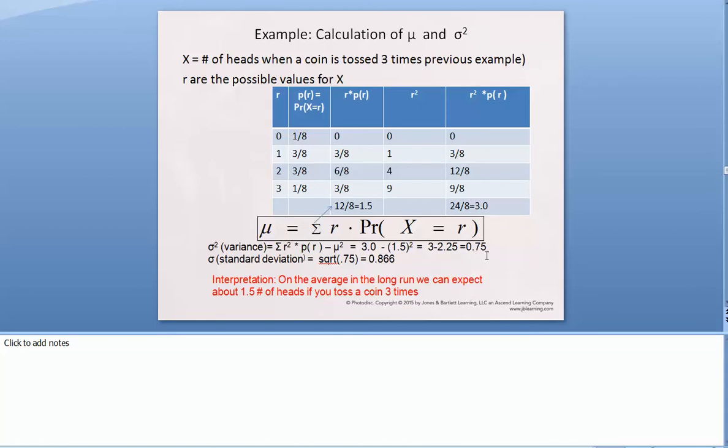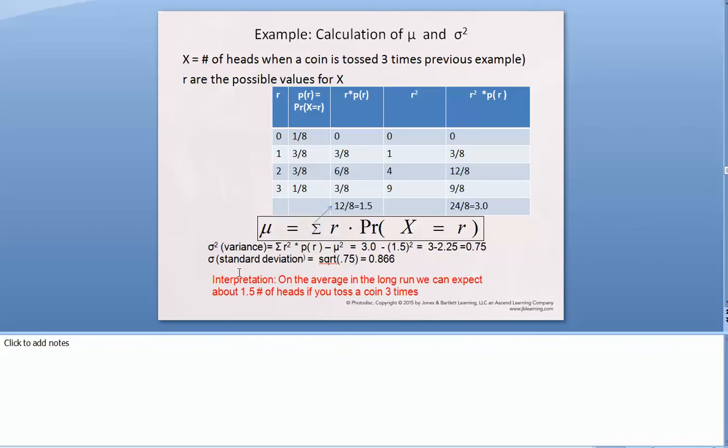Okay, I'll just pause a little bit for you to understand. So summation r squared PR is what you get when you add all these numbers, and that would be 3.0, and then minus mu squared, which is 1.5 squared, and when you do the subtraction, you get 0.75, which is the variance.